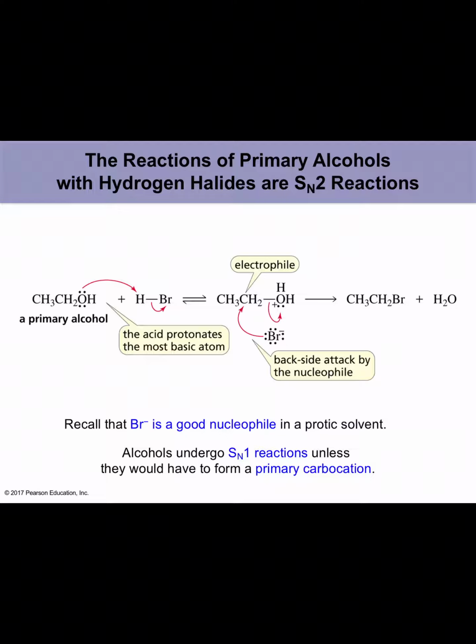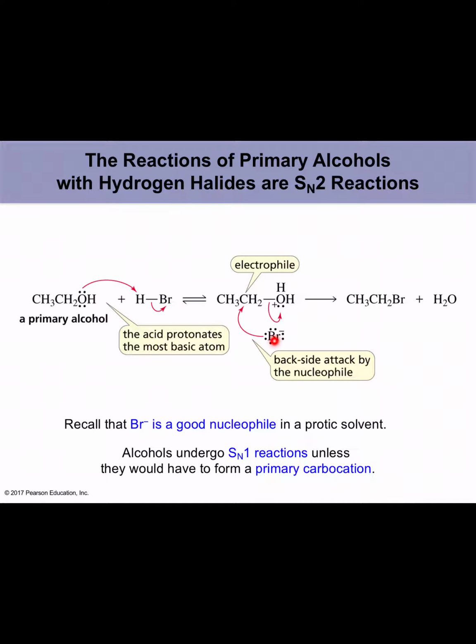Reactions of primary alcohols with hydrogen halides are SN2 reactions. Now the previous one, which is a tertiary alcohol, was an SN1 reaction; this one is an SN2 reaction. So this is a primary alcohol, and you have hydrogen bromide. Again, the first thing is the protonation of the alcohol, which forms a good leaving group.